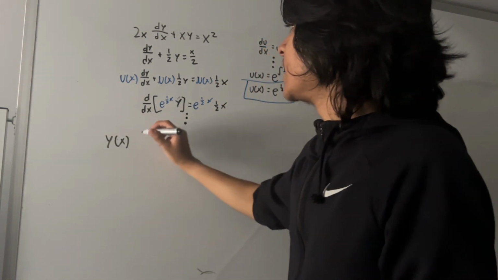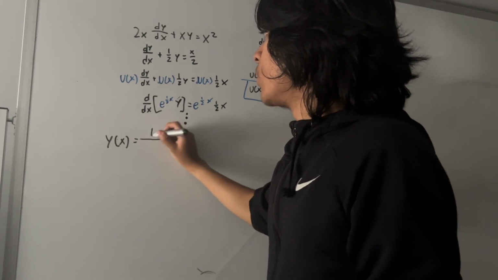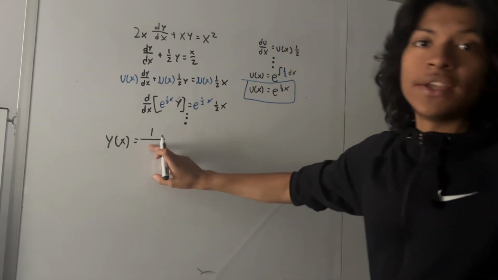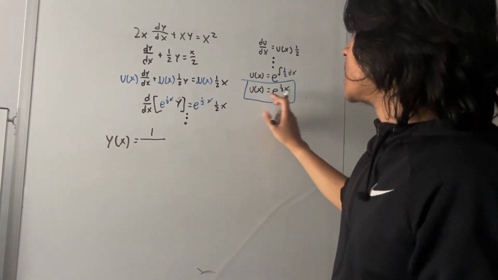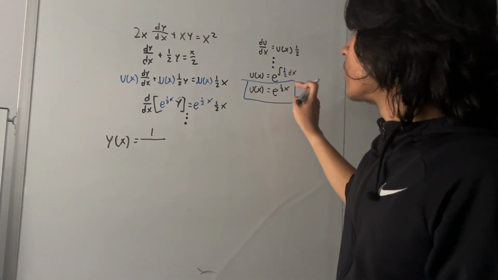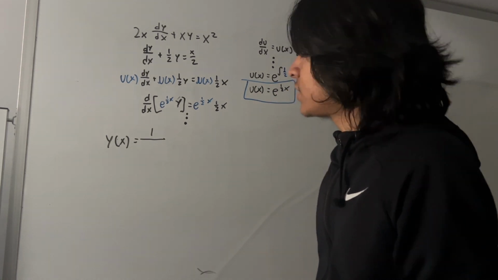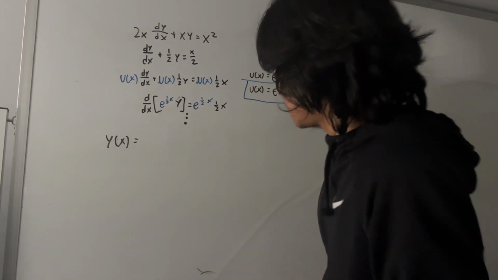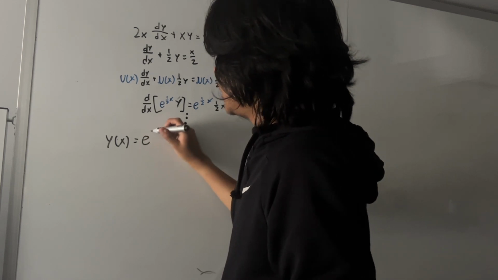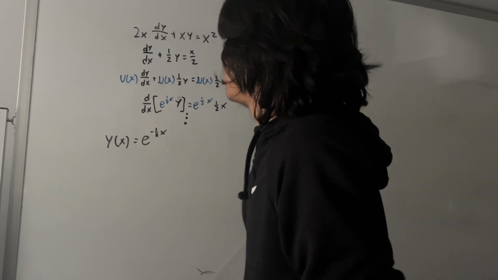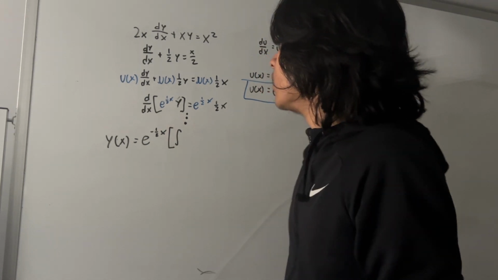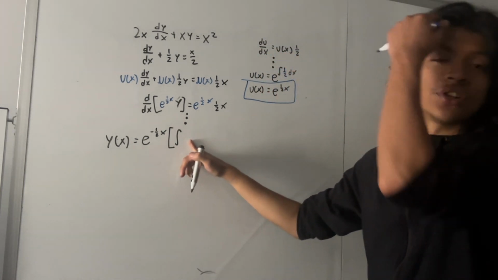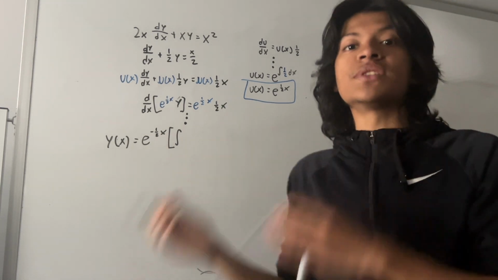So we get y of x is equal to 1 times, right here would be 1 over u of x, but we know u of x is e to the power of 1/2 x. So I'm just going to write this as e to the negative 1/2 x right there. Then this would be the integral. When we solve for the solution, it was u of x times q of x.